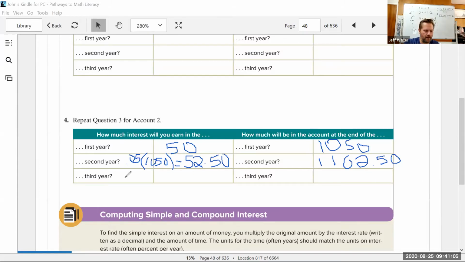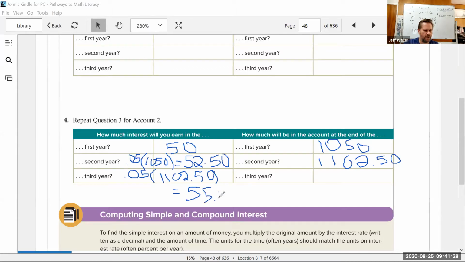So now I'm going to do 5% of what I have now. 1,102. Oh, this is so excruciating. I'm so sorry, but that's just the way things are. So what is 5% of 1,102.50? This is going to be a little more. Lauren's got it. 55.